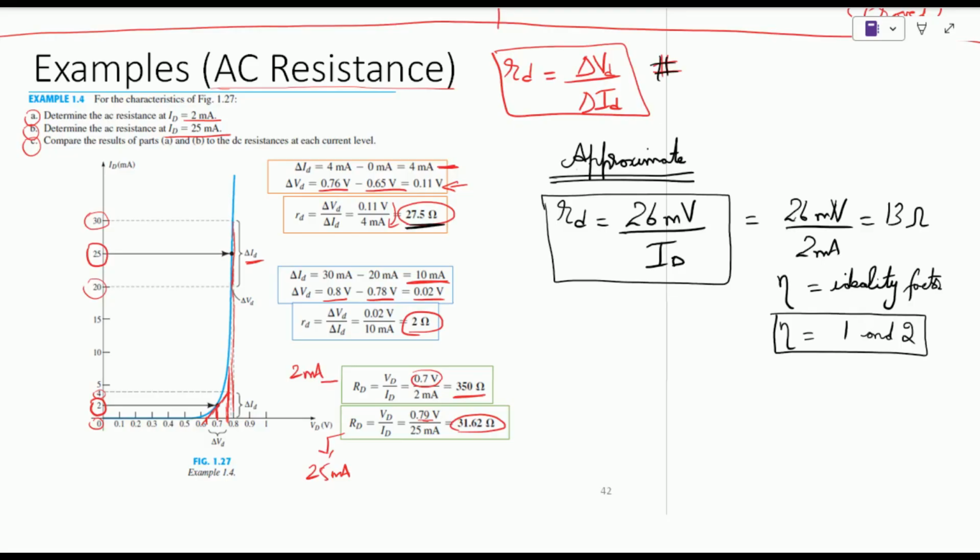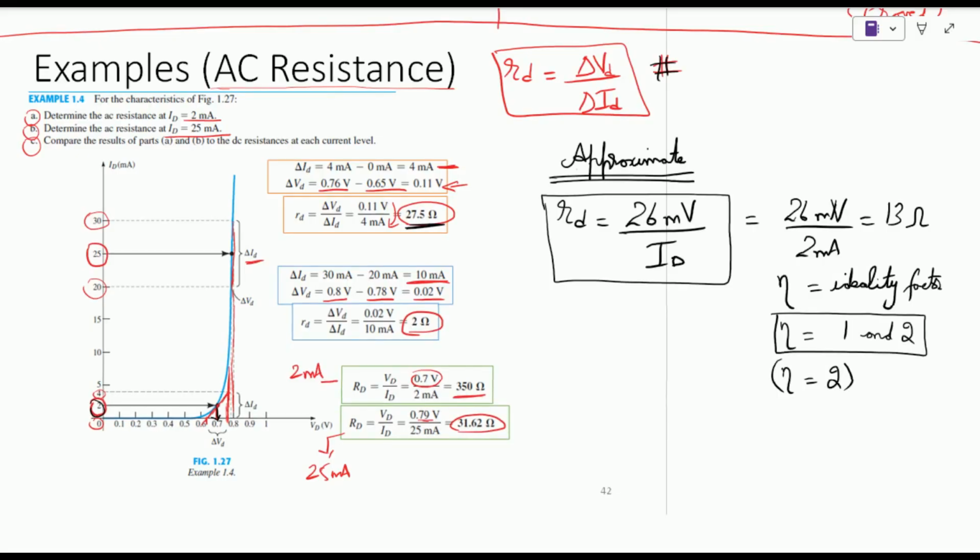So now whenever we have a value of current that corresponds to a lower value, or something that has a value less than the knee voltage, we take the value of eta to be 2. What it means is, if we look at the 2 milliamp current, it's a lower value and its corresponding voltage is 0.7.